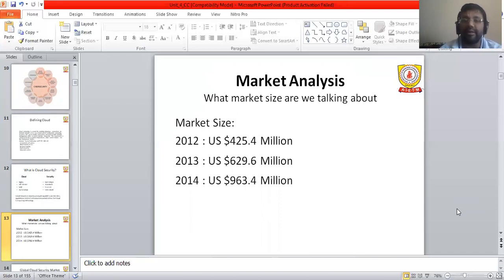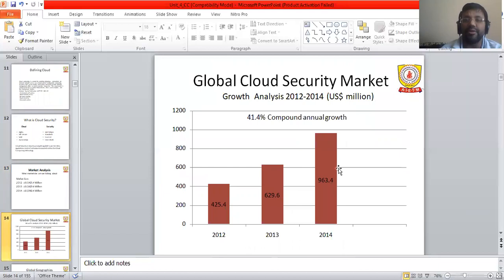Market analysis and market size: when we talk about this technology and its trends, in 2012 it was around 425.4 million US dollars, in 2013 around 629.6 million US dollars, and in 2014, 963.4 million US dollars. So this is the market size capturing these concepts and requiring cloud security.